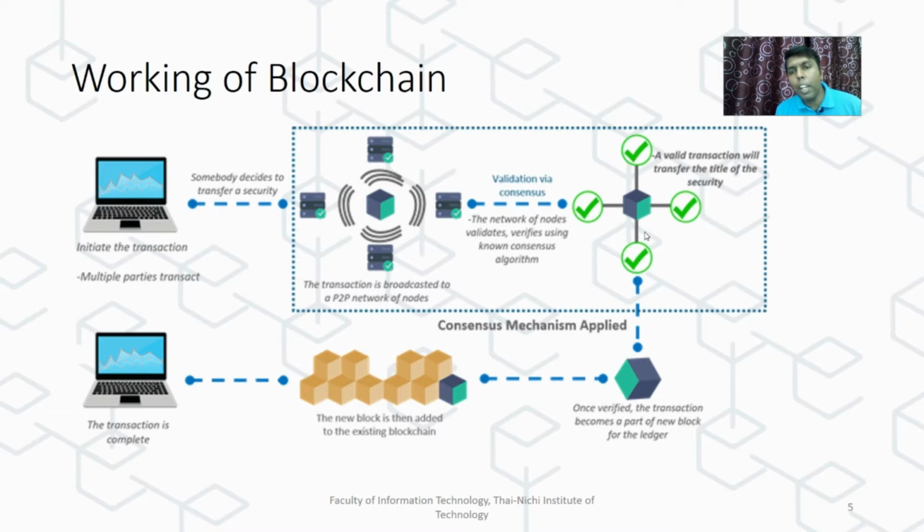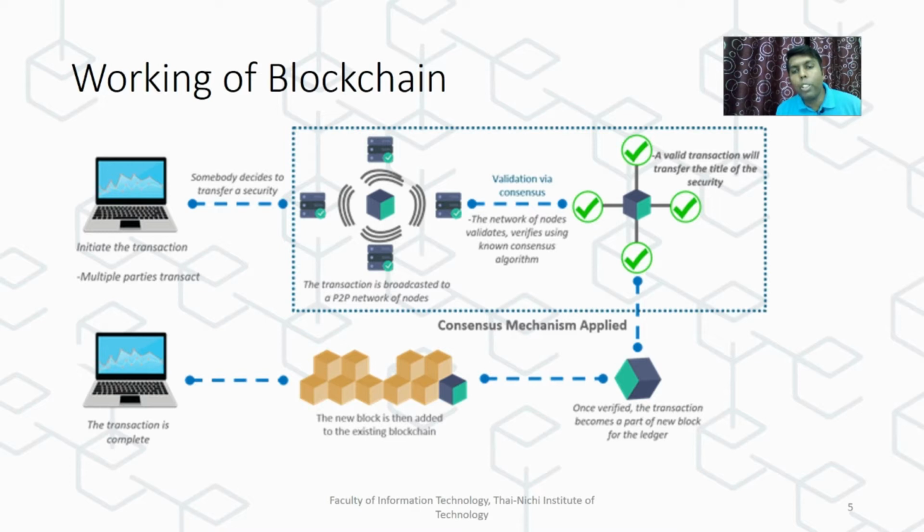When will it be accepted? When all the nodes in the network say that the given transaction is valid, then the transaction will be allowed to get stored in the database. Then that particular transaction is connected in a chain of transactions, and these chains of transactions are stored in blocks.